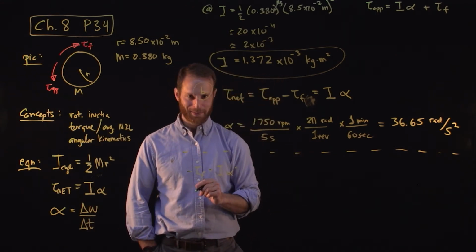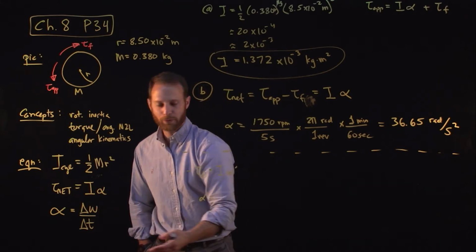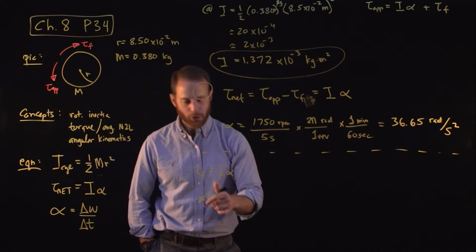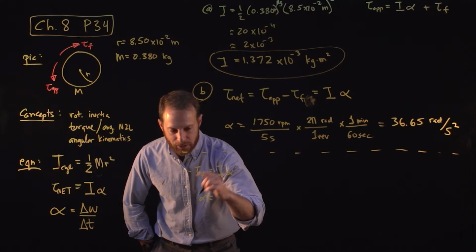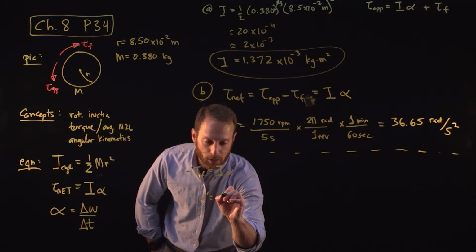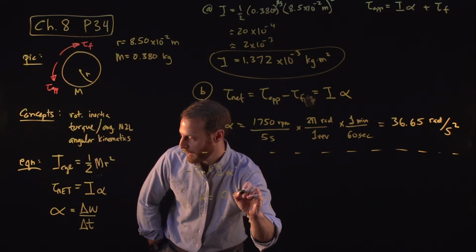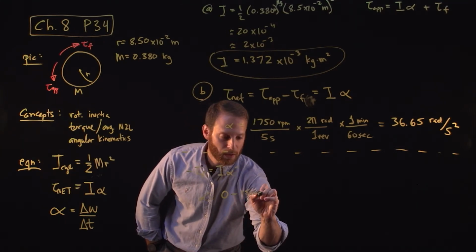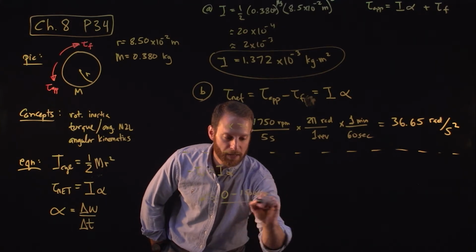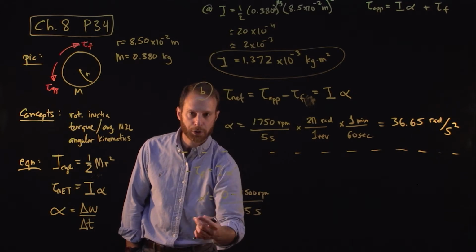Alpha prime is given by the change in the angular frequency over the change in time. It starts off going at a certain rate, it ends at 0, so it's 0 minus 1500 RPM divided by 55 seconds. You can already see we're going to get a negative acceleration, as we should.